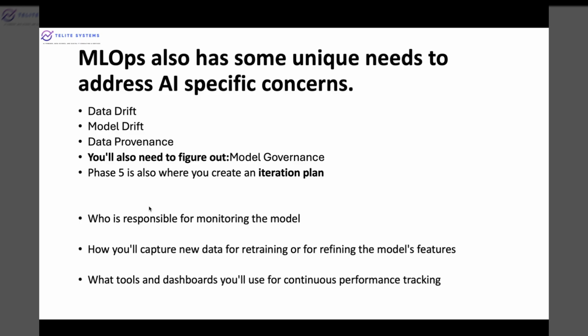In machine learning operations, MLOps also has some unique needs to address AI specific concerns. It has data drift, model drift, data provenance. We will also need to figure out the model governance.